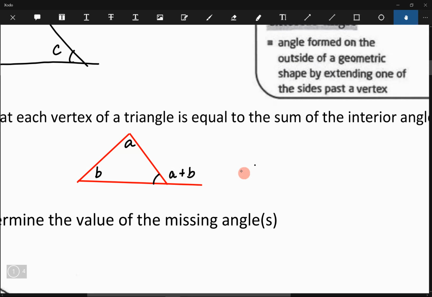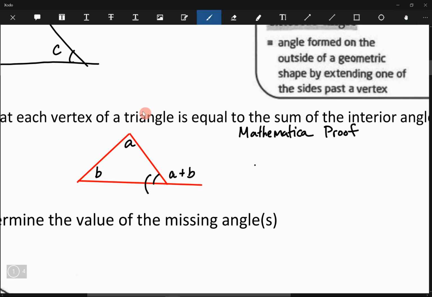There's a little mathematical proof for this. So let's write this down, mathematical proof. We know based on the interior angle rules that this angle here plus this angle here plus this angle here, these three have to add up to 180 degrees.